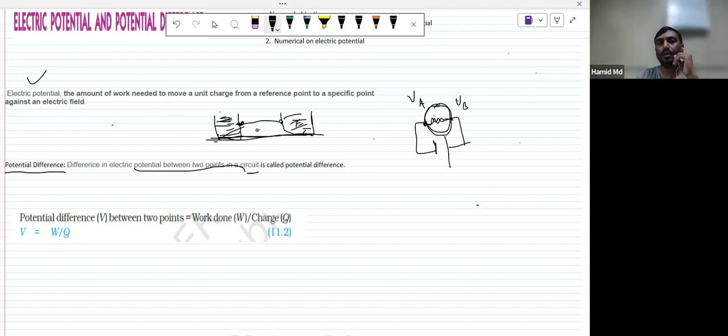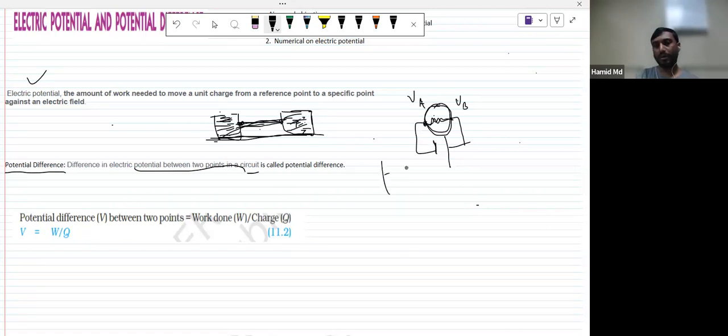These two buckets filled with water are kept on the earth's surface, and we have connected them with a pipe. Will water flow from one to another? If water is filled at an equal level, it might not flow.